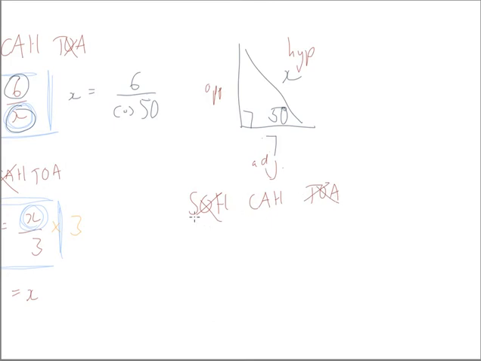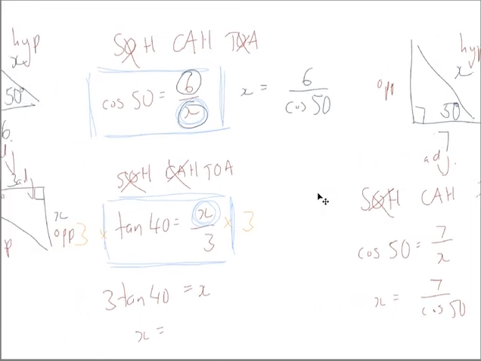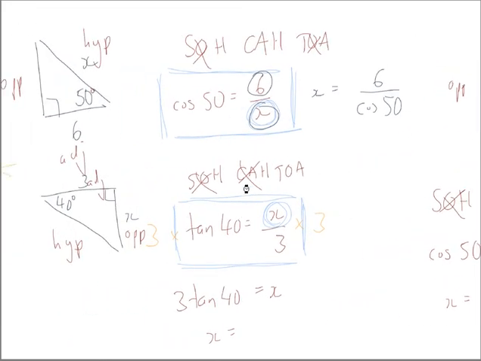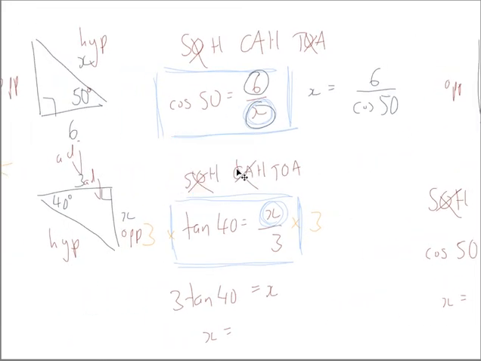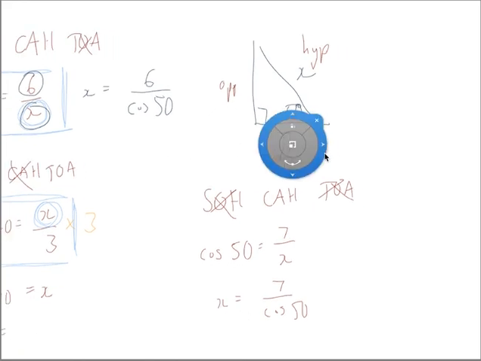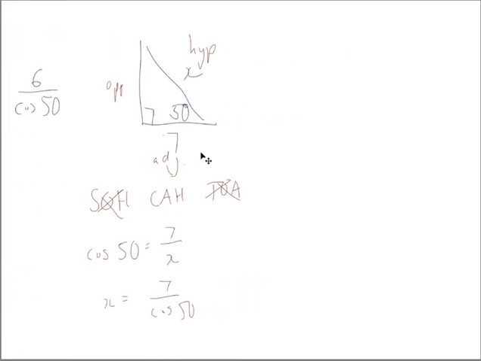So I'm left with cos, and I get cos 50 equals adjacent, so 7 on x. In this case, x on the bottom, I'm flipping these two over, x equals 7 on cos 50. Certainly do a few. This difference here is important. It's important you are labeling your sides correctly as well. I get this is revision for you.